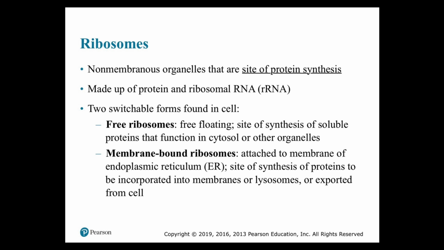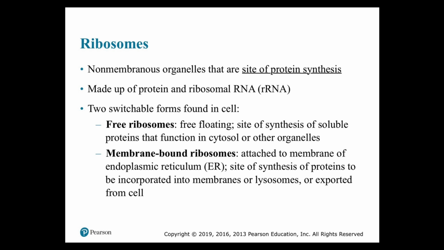There are two forms of ribosomes in the cell: free ribosomes and membrane-bound ribosomes. The free ribosomes are free-floating. They are the site of synthesis of soluble proteins that function in the cytosol or other organelles, whereas the membrane-bound ribosomes are attached to the membrane of the endoplasmic reticulum.